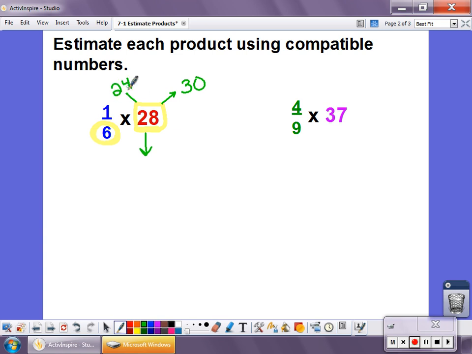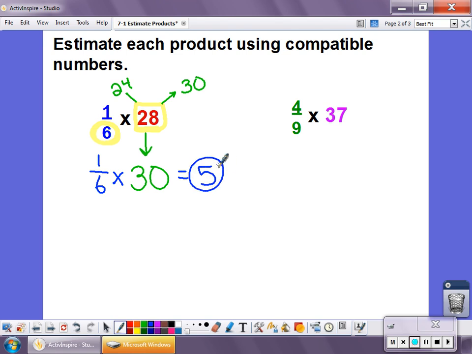Okay, because this is 6 times 4, this is 6 times 5. So 28 is in between these numbers, and the one that it's closest to is 30. So what I want to think about is what is 1/6 of 30? And 1/6 of 30 is 5. So I know that 1/6 of 28 is about 5.